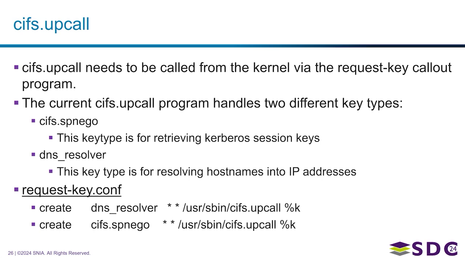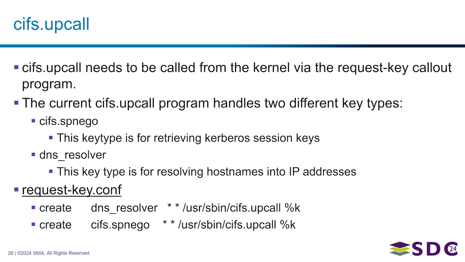The kernel has something called the request key utility function, where we can call that along with these parameters so that the request will go to the user space utility and help us to get the necessary information.